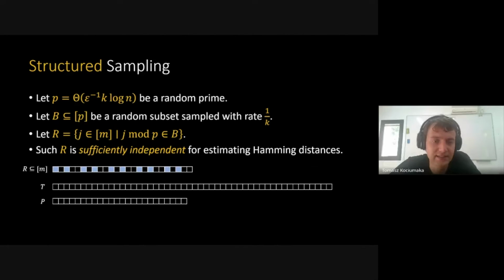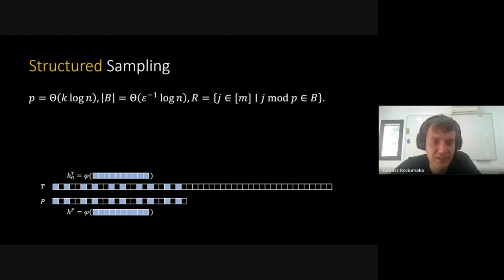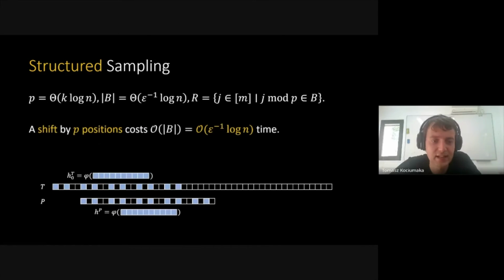And now the setting is still the same. We look at the sampled positions, we stitch them into strings, and compute the fingerprints. And now the new thing that happens is that when we shift by p characters, rather than by just one character, we can recompute the fingerprint on the text quite efficiently.